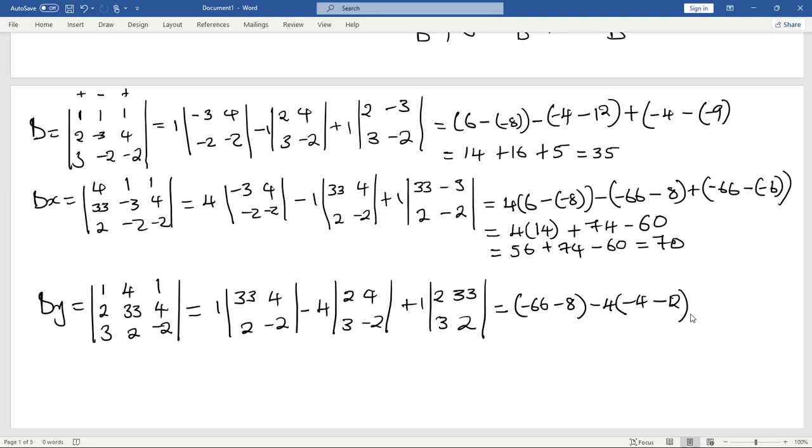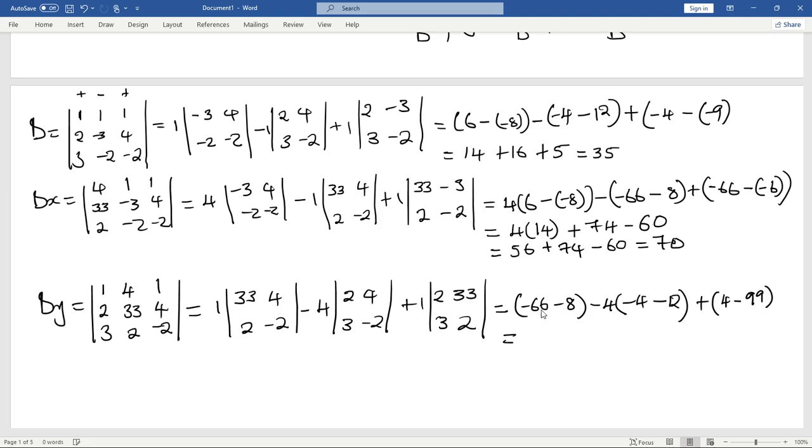Then we continue. Here we say plus 1, 2 by 2, we get 4 here, minus 3 times 33, we get 99, like this here.